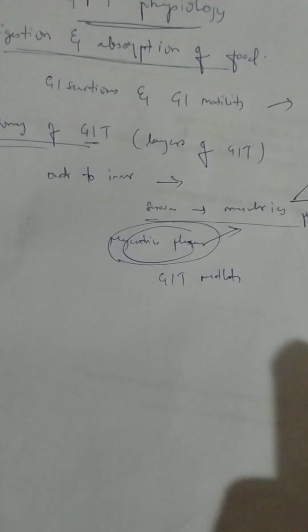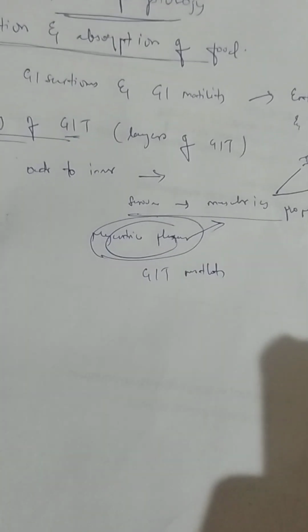Next, let us understand GI secretions. The first secretion which everyone gets while seeing food or thinking about food is our saliva.